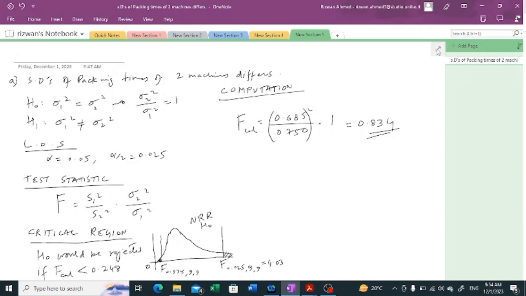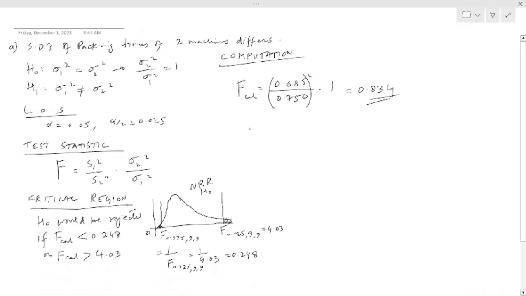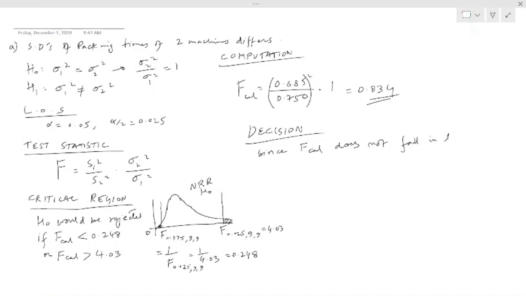Therefore, we can write down our decision as: since F calculated does not fall in the rejection region, therefore H naught is not rejected.